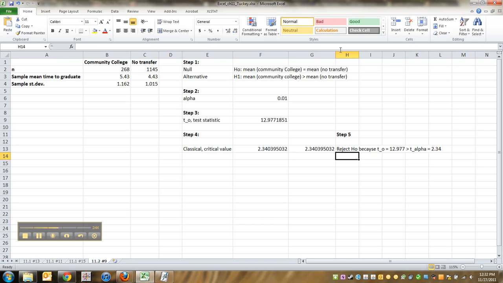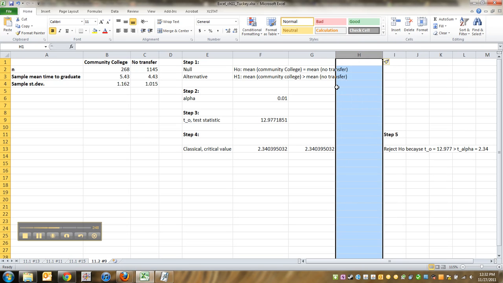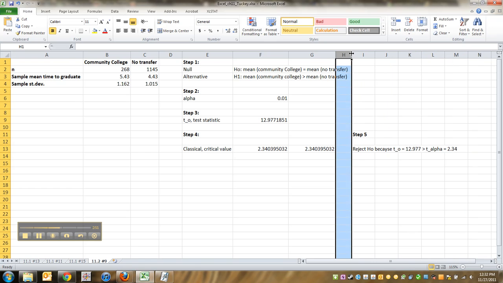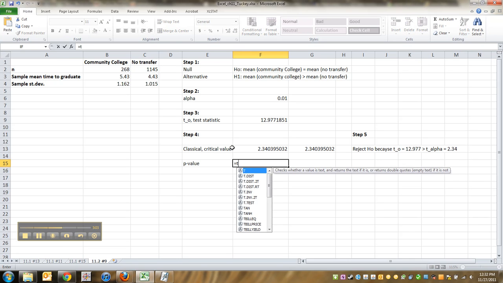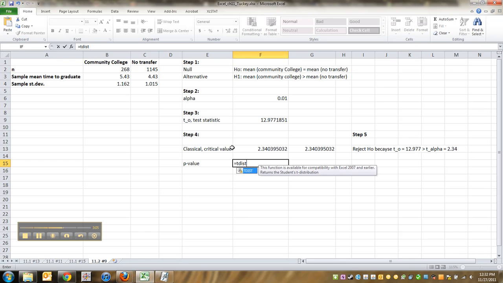So, hold on, insert, there we go. Okay, so your critical value is saying, hey, I'll take up to 2 standard deviations away, and you are well past that with 12.977.